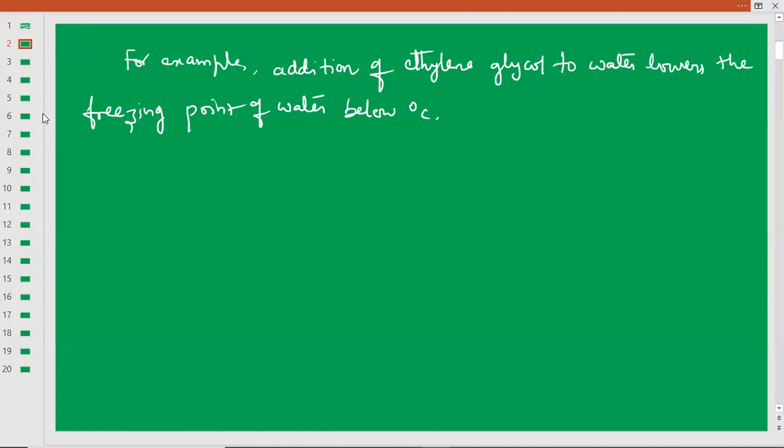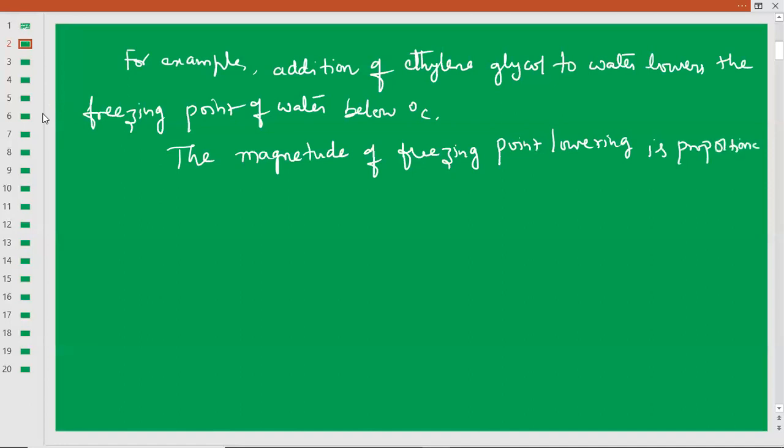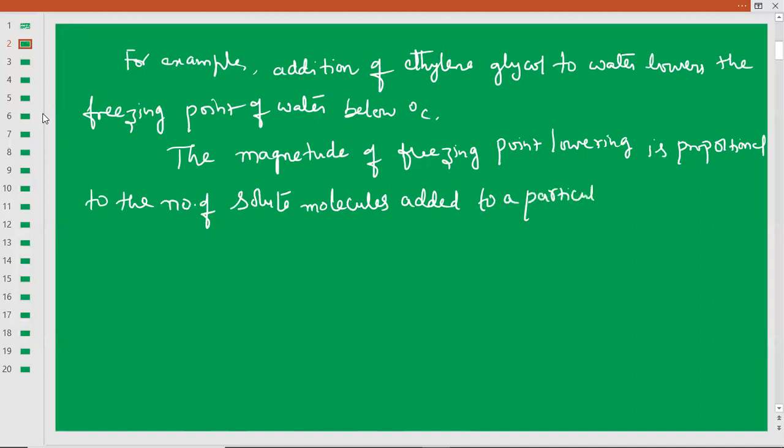That means the magnitude of the freezing point lowering is proportional to the number of solute molecules added to a particular quantity of solvent.